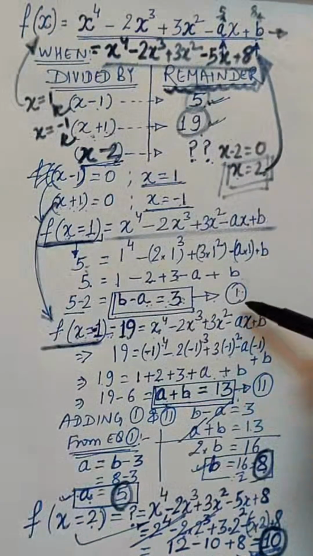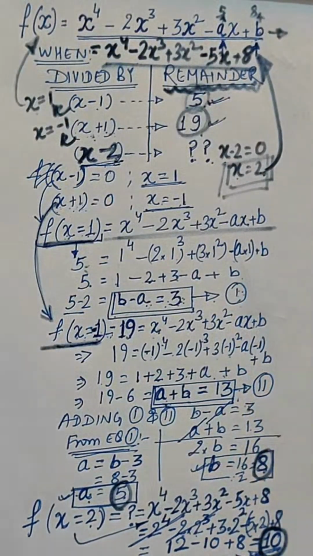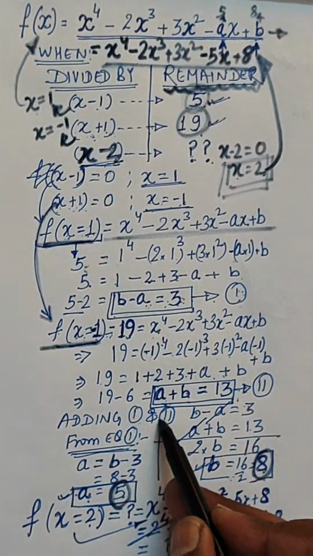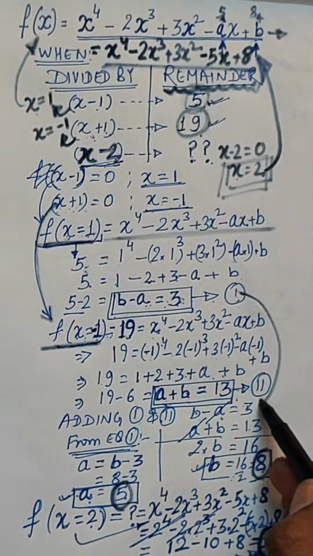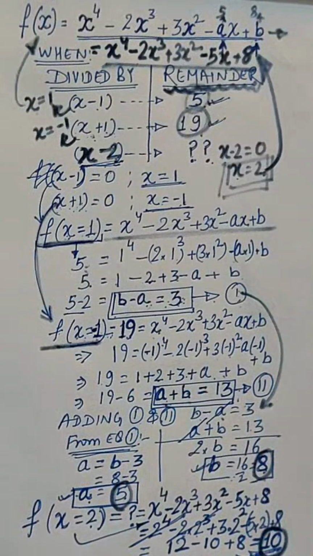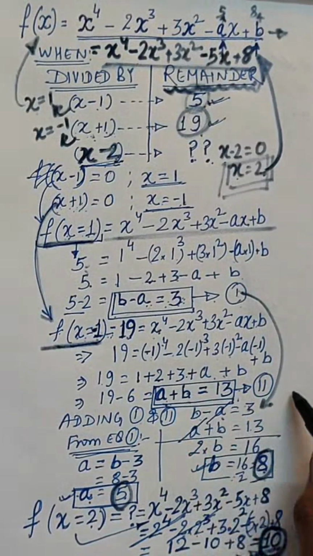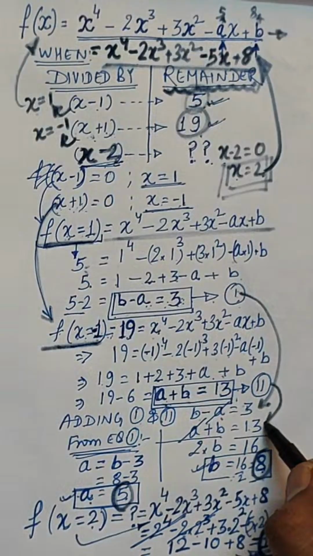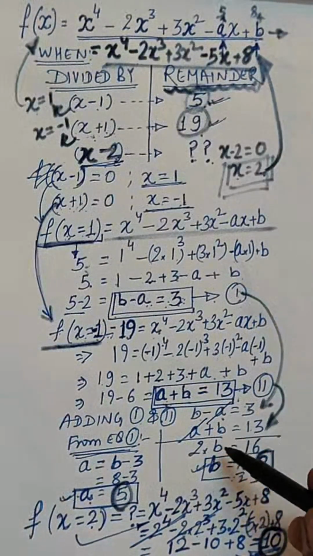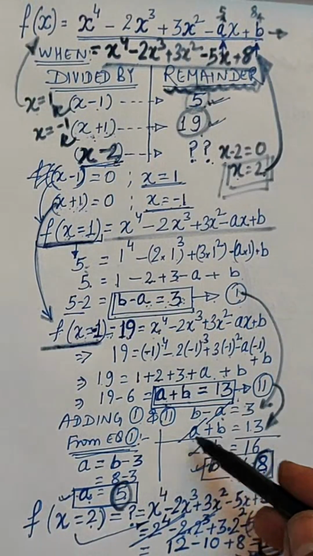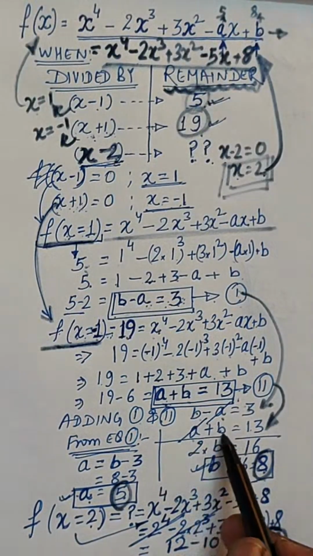When you solve equation number 1 and 2, right, just adding 1 and 2: b minus a equal to 3 was equation number 1, right, and a plus b equal to 13 was equation number 2, right? So when you add them, a will be cancelled out and we will have b plus b.